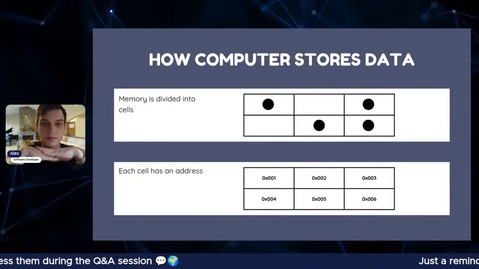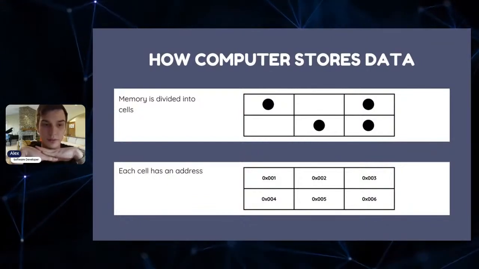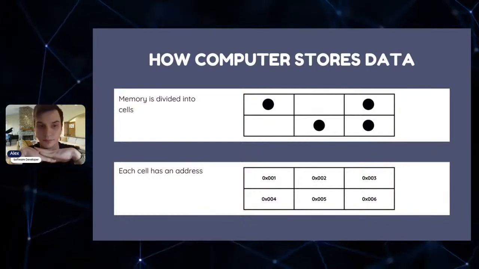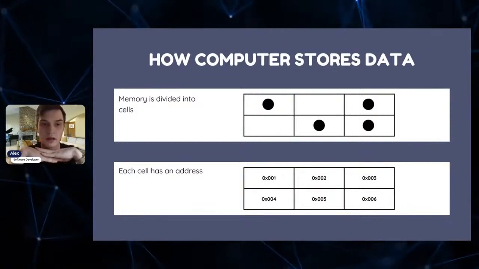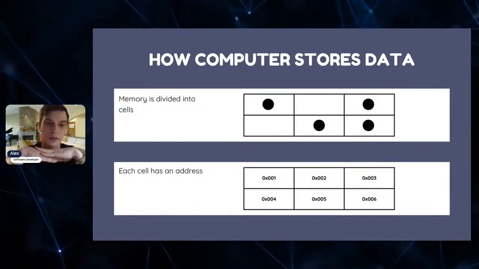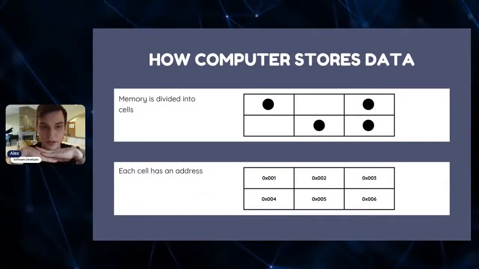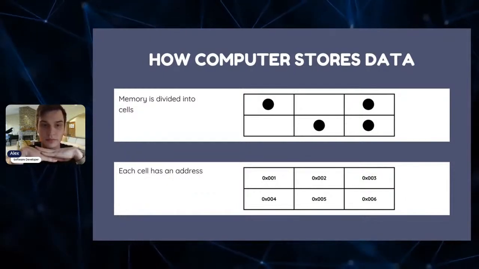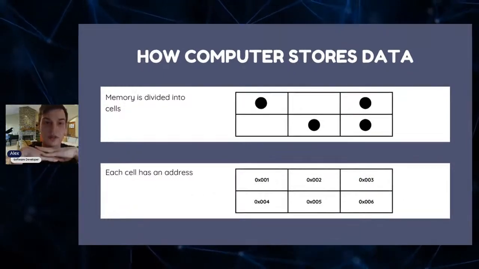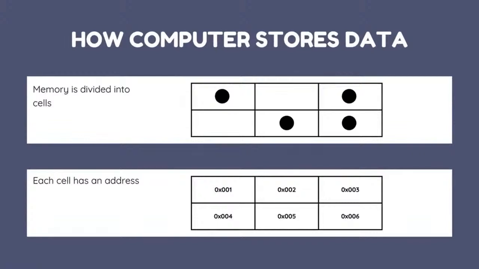It looks at this memory and reads the bits from it one by one. Let's imagine that we want to store a number in those cells. The maximum number we can store here is 64, because it's 2 to the power of 6.